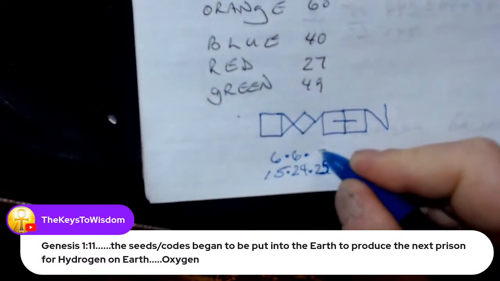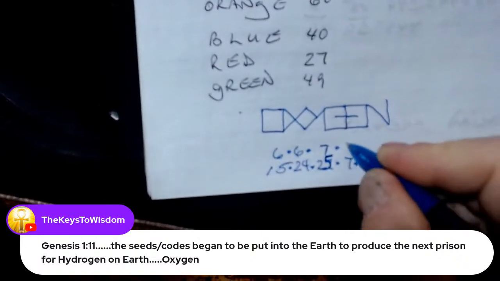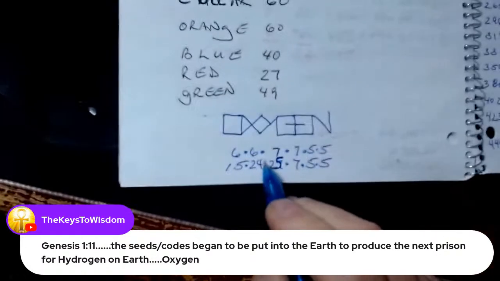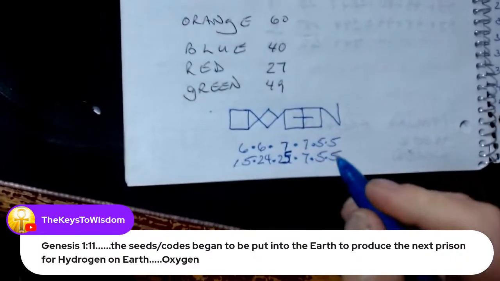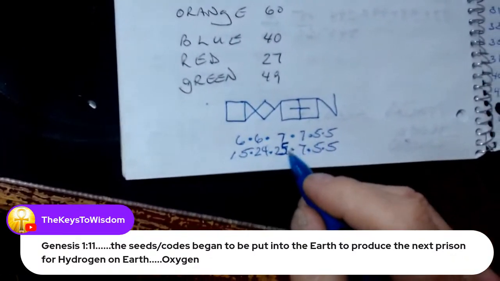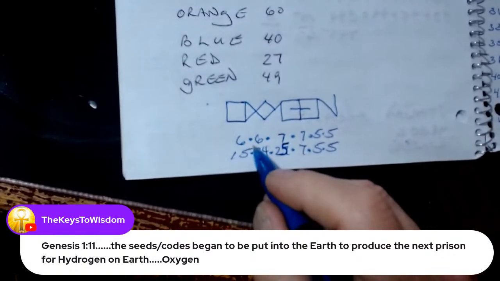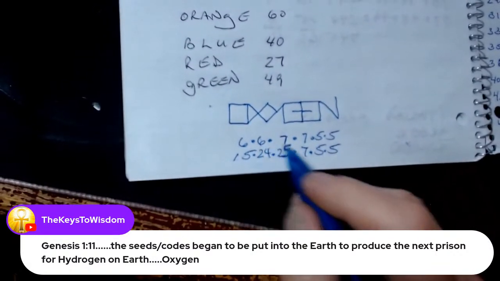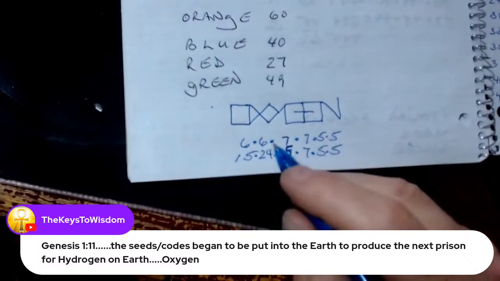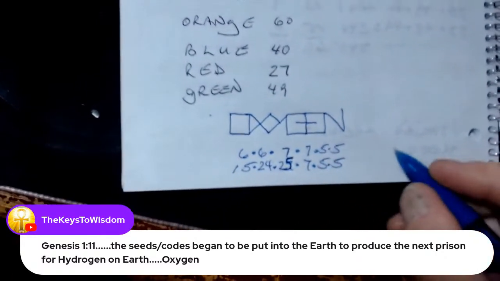That's 7, 7th letter, 5, 5. So oxygen is 667755. If I flip this around, it would be 2, 2, 5, 22522.